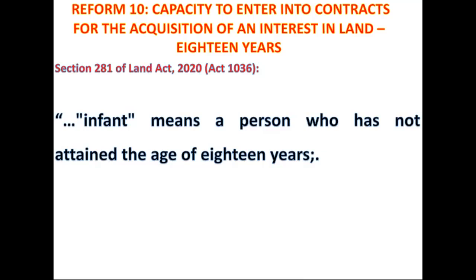But if you are 18 years and above, by the force of section 281 of the Land Act of 2020, which pegs the age of an infant to be below 18 years, today in Ghana, if you are 18 years, because of Section 281 of the Land Act of 2020, Act 1036, you have contractual capacity to enter into a transaction in relation to land.